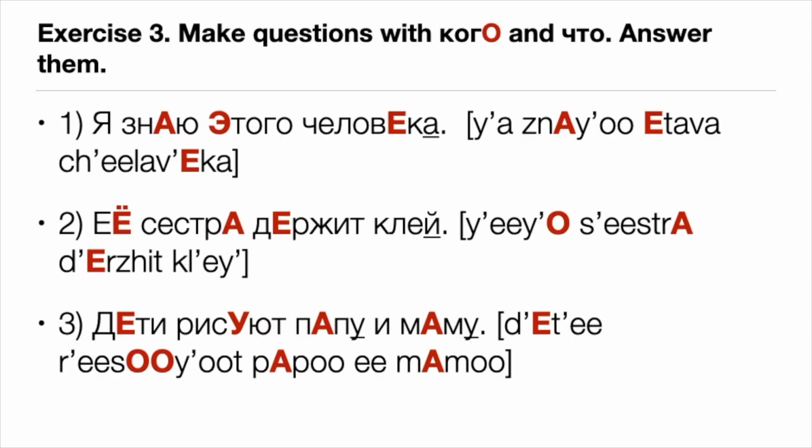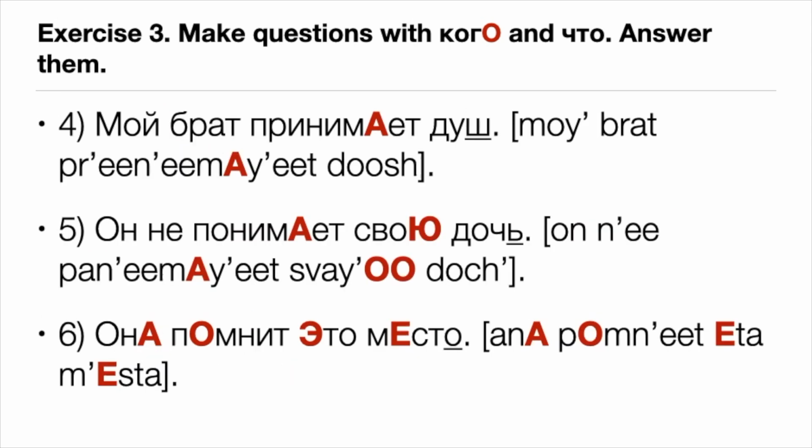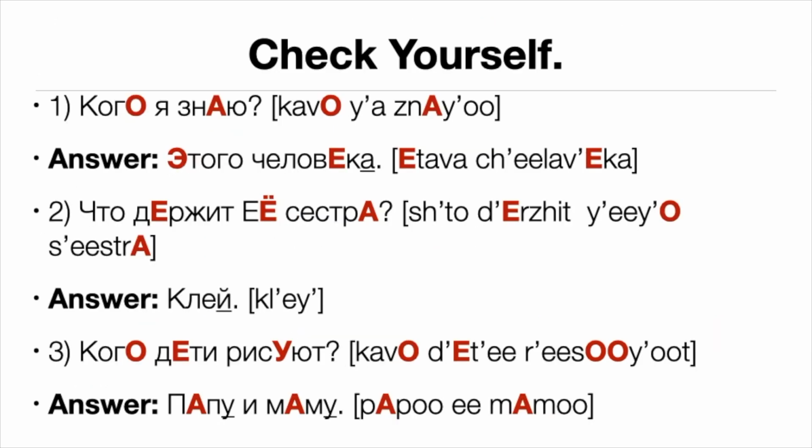Exercise 3. Pause the video and make questions with кого and что. Answer them. Check yourself. Number 1. Кого я знаю? Answer: этого человека. Number 2. Что держит ее сестра? Answer: клей. Number 3.